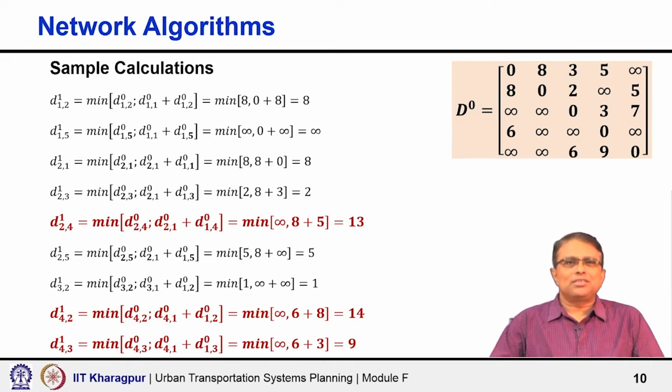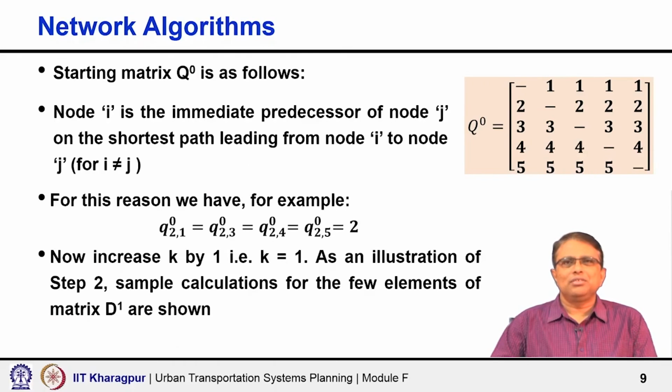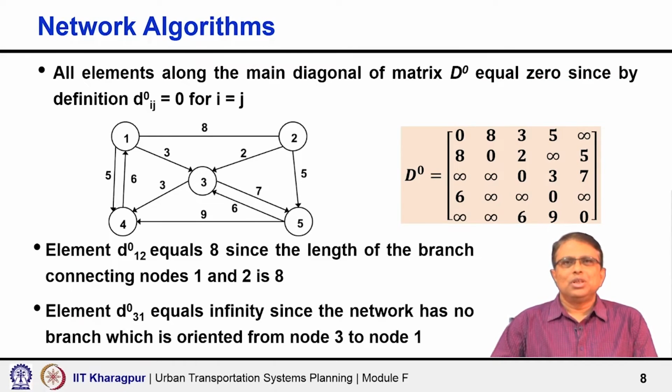But look at this: 2 to 1, 2 to 3, 2 to 4. I look at my values and I want to take the minimum. When I think of 2 to 4, initially what was the connection? 2 to 4 was infinity.